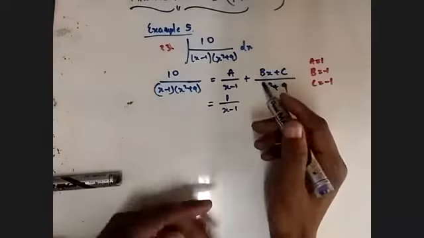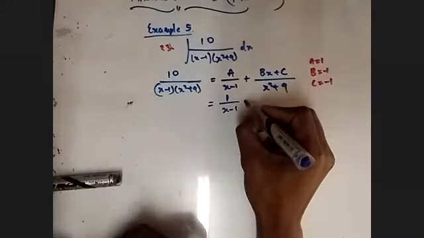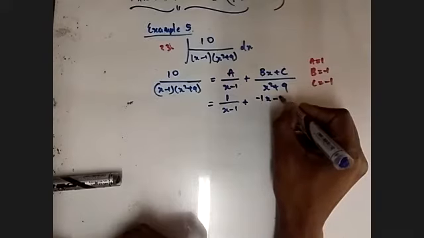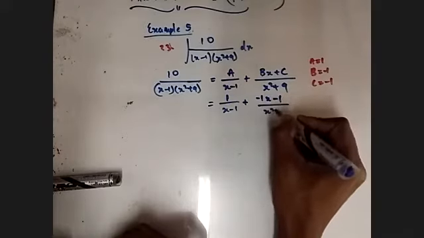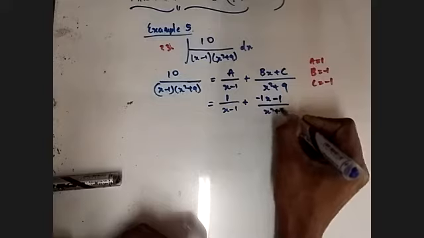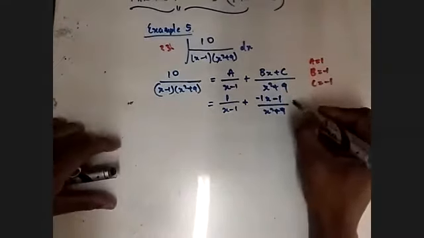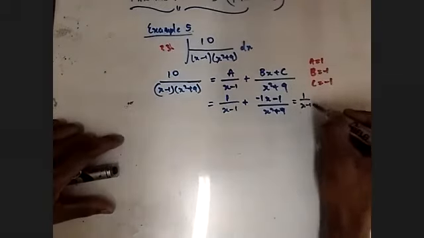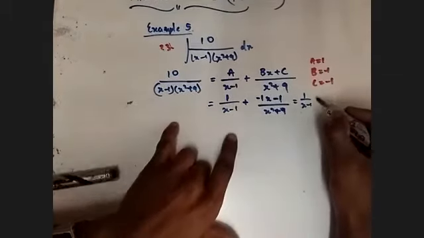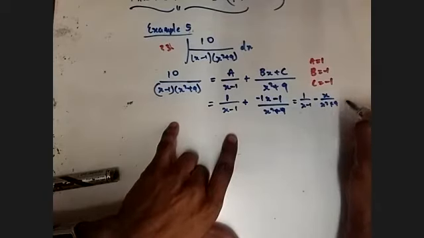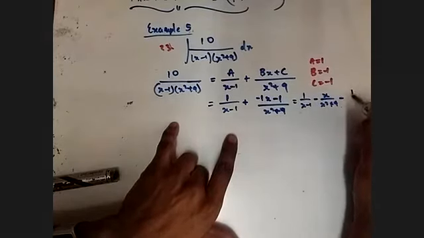And then what is our b? Our b is negative 1, so we have negative x minus 1 all over x squared plus 9. So we can rewrite this as 1 over x minus 1, and then minus x all over x squared plus 9, and then minus 1 all over x squared plus 9.